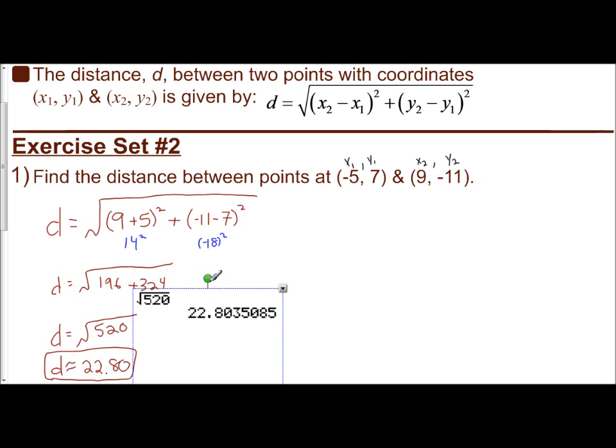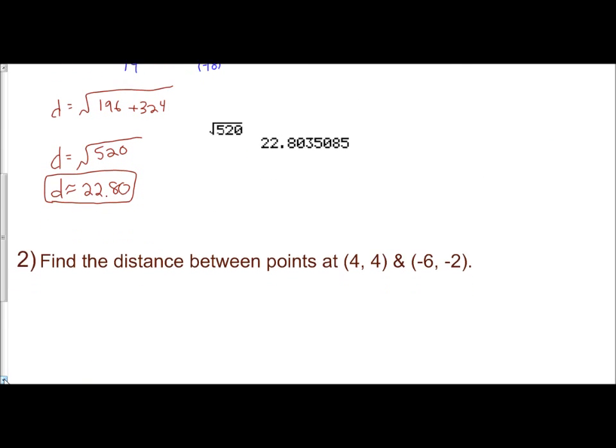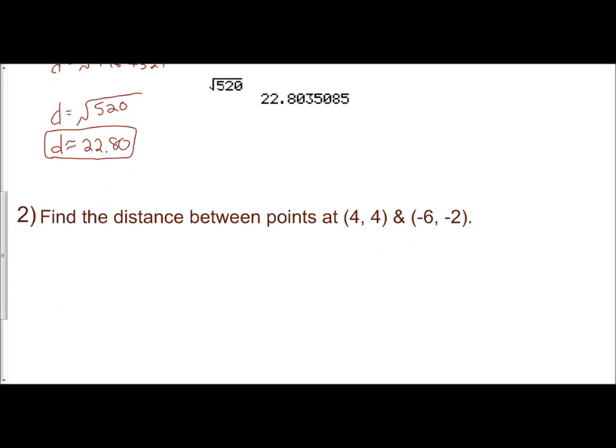Let's try another example with this. So we're asked to find the distance between the points 4, 4 and -6, -2. So as always, go through and see, well, that means this is my x1 and this is my y1. This is my x2 and this is my y2.